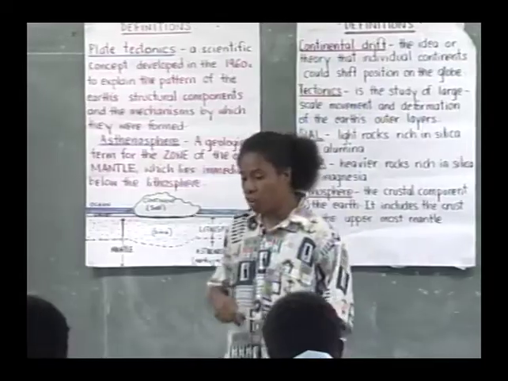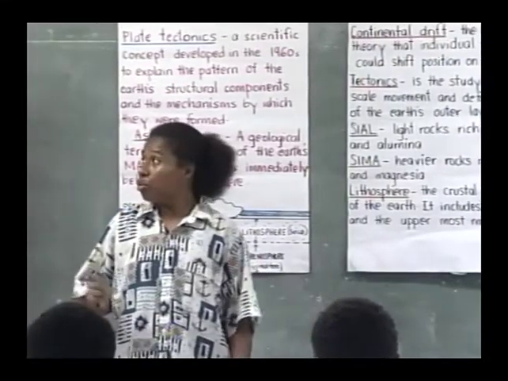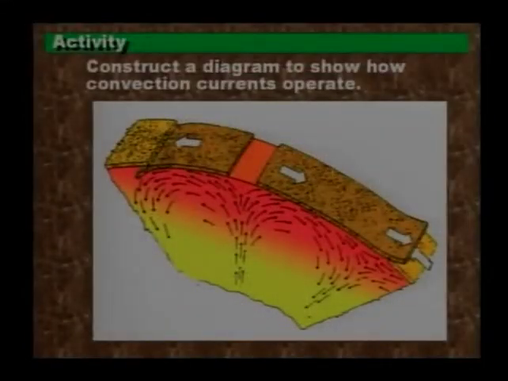So for your homework, I would like you to construct a diagram to show how convection currents operate to contribute to movement of the lithosphere or the movement on the crust. That's what I would like you to do for your homework.